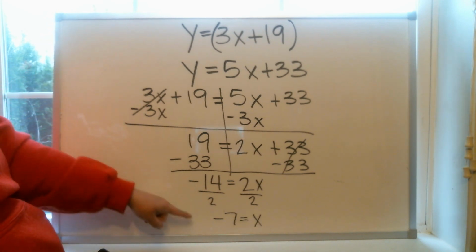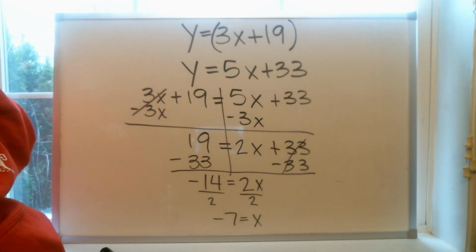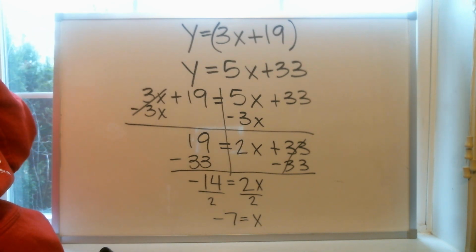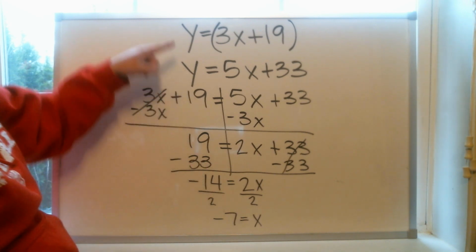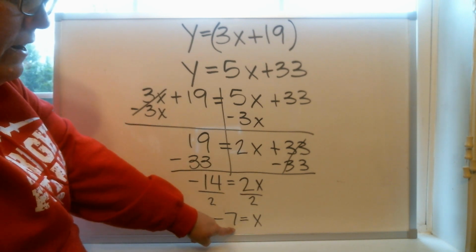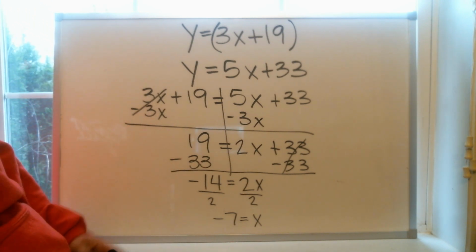So now I've found a number value for x, which is negative 7, but I'm not done because I have another variable that I have to solve for. Remember, this system has 2 variables. So I'm going to go back up here, and again, I can choose either one, but I'm going to choose the first one, and put a negative 7 in place of x.